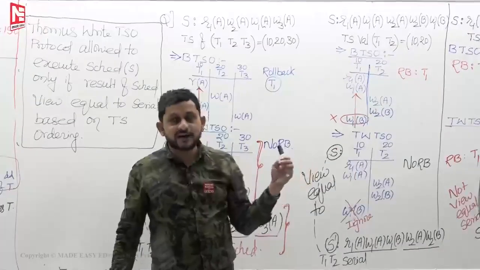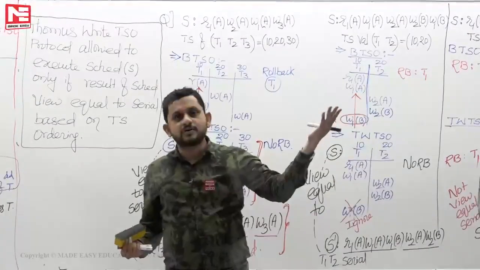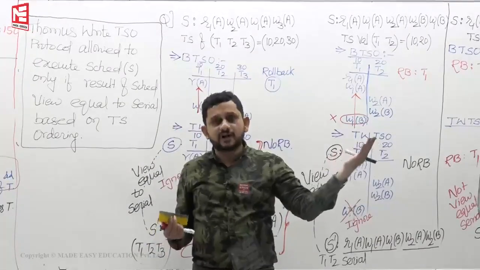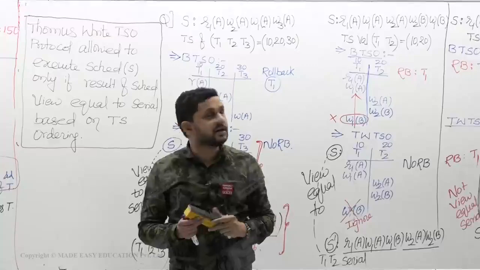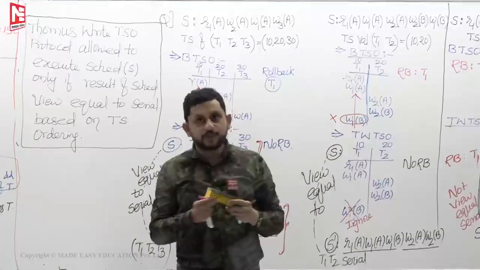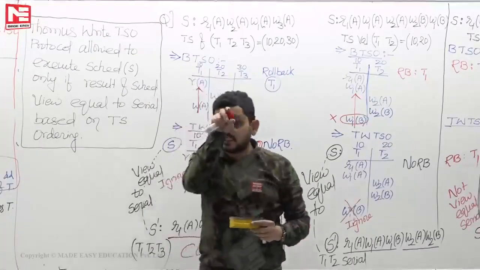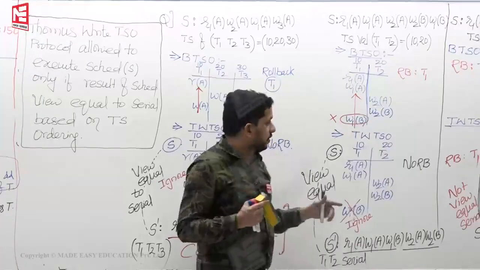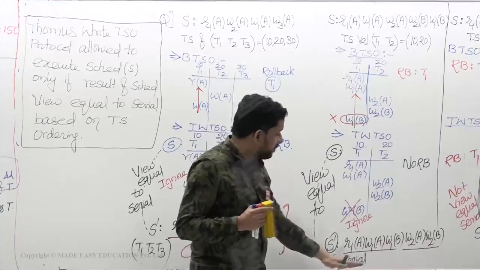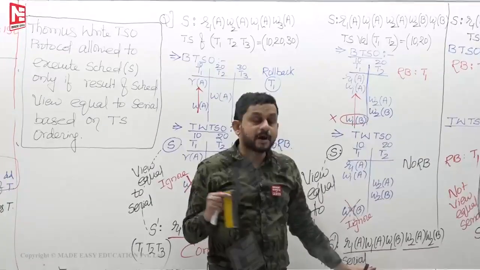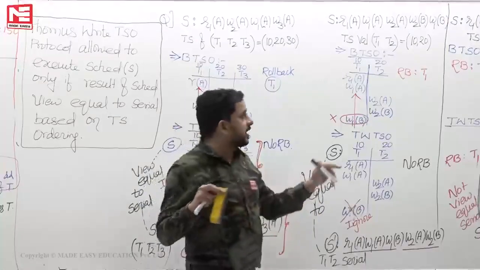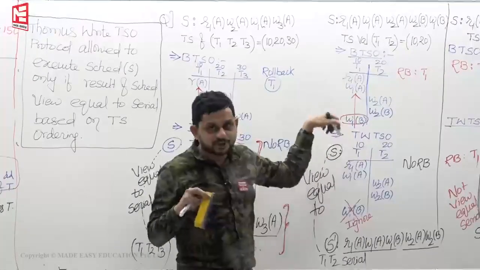I didn't use the condition of read timestamp value greater than transaction timestamp value, or write timestamp value greater than transaction timestamp value, while solving the problem. So just practice these two protocols properly. There may be a chance of getting one good question from Thomas write rule timestamp ordering or basic timestamp ordering protocol. So far it has not asked this kind of complicated question.